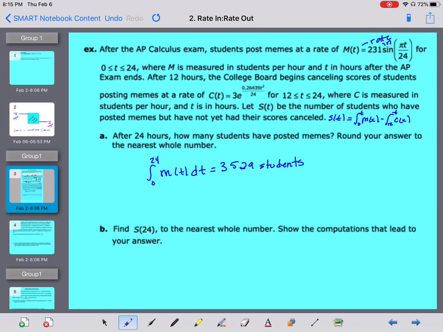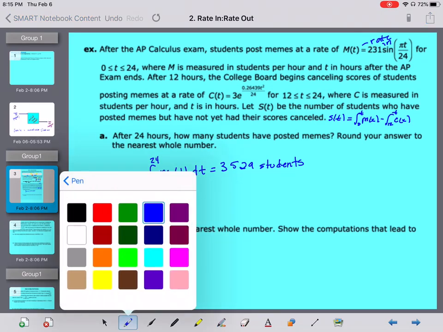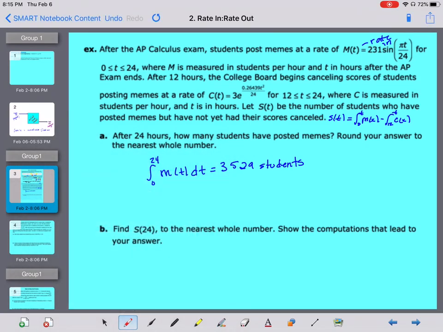Okay, so B says find S of 24 to the nearest whole number. Show the computations that lead to your answer. Okay. So S of 24, we've defined what S is. So now we have a t value to plug into our function for S. So S of 24 equals, everywhere there's a t, I'm plugging in 24. And because now we have a value for t, we can leave this as M of t dt minus, and then of course, our integral for C starts at 12 and it's going to go to 24.